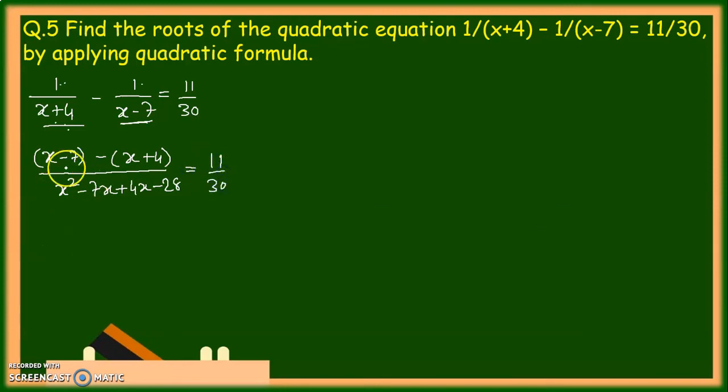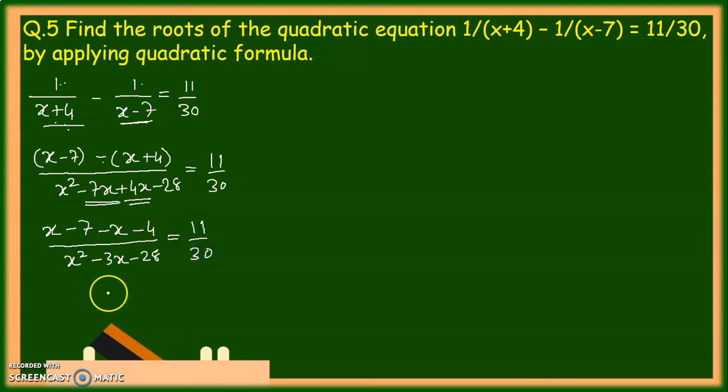And for further simplification, if you remove this bracket, then we will get x minus 7. This minus will go into the bracket, so it becomes minus x minus 4, divided by x square minus 7x plus 4x, that becomes minus 3x minus 28, equal to 11 divided by 30.